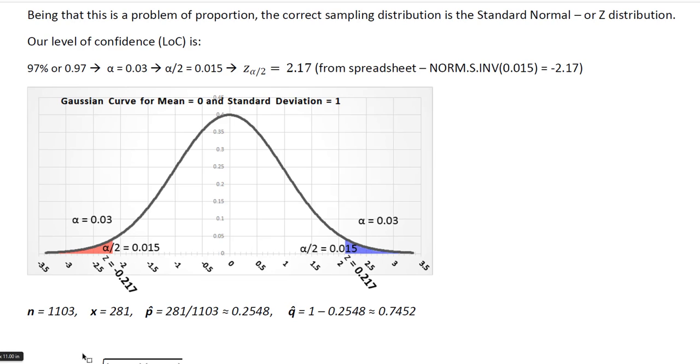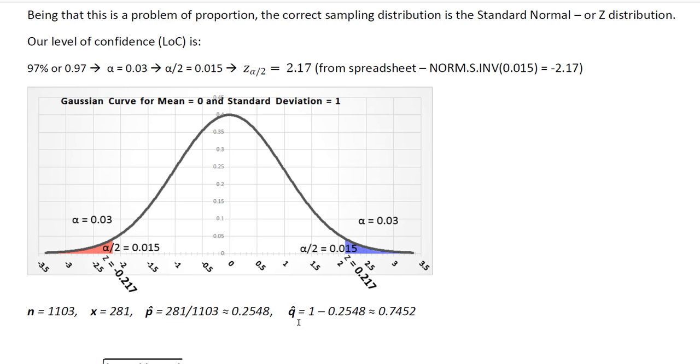Our parameters are as follows. N, or the total number of people in the survey, is 1,103. X, or the number of people that responded in a particular way, is equal to 281, which means that p hat is 281 over 1,103, approximately 0.2548.